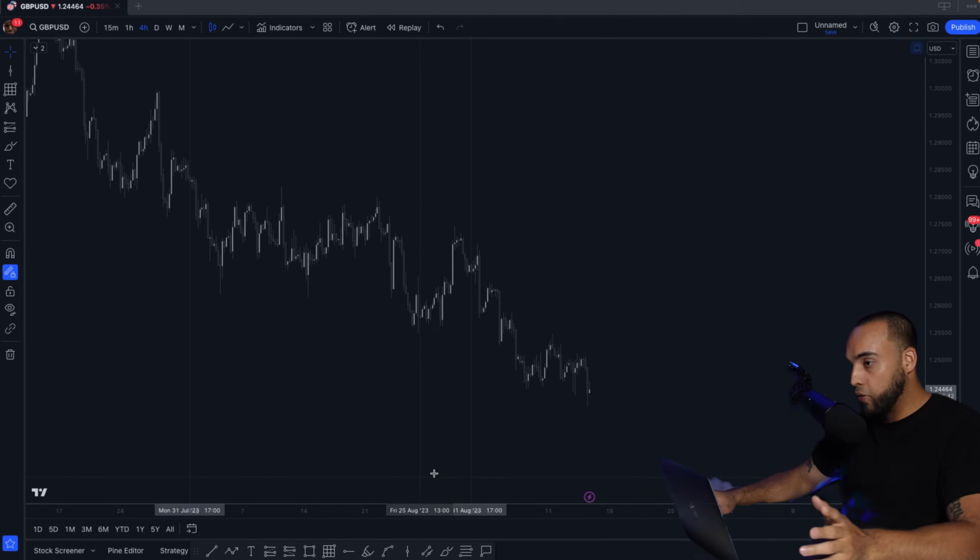So I'm going to use some of last week's structure to identify what's happening. What do we have? We have a swing low down here and a swing high right up here.